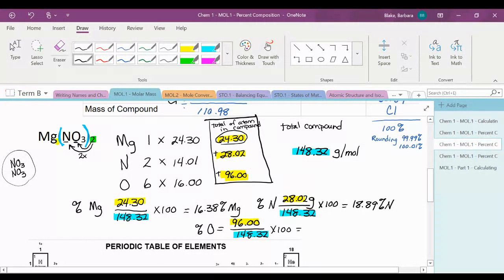So my percent of oxygen is going to be 96.00 divided by 148.32 times 100. And I am going to come out with 64.724. So we're just going to say 64.72, and that's going to give me percent of oxygen.